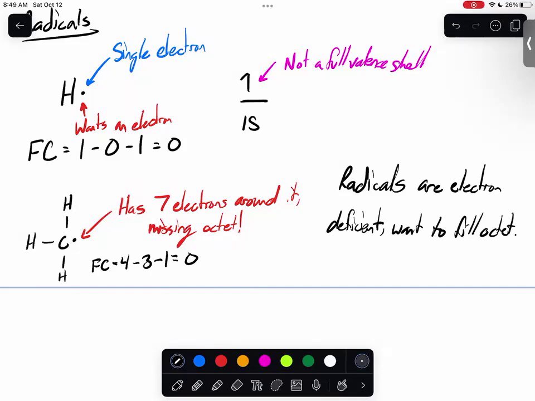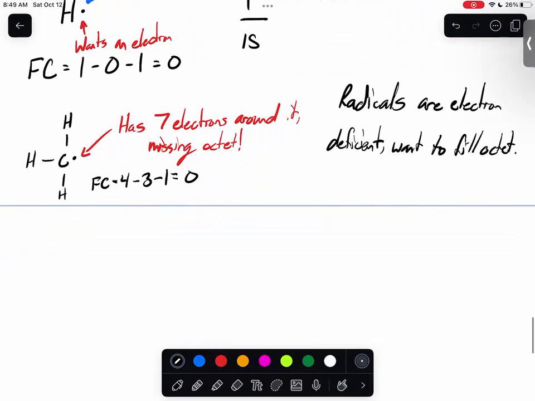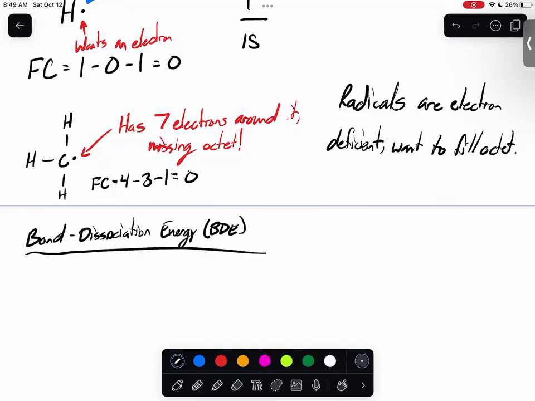Radicals have an interesting reactivity that we'll take a look at in the next lecture. But first, we need to talk about bond dissociation energy, also known as BDE. Bond dissociation energies can be found in a BDE table.